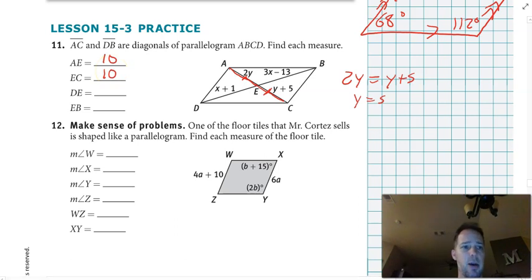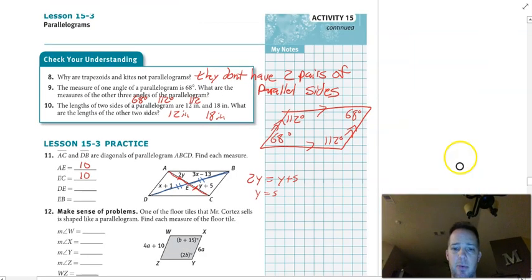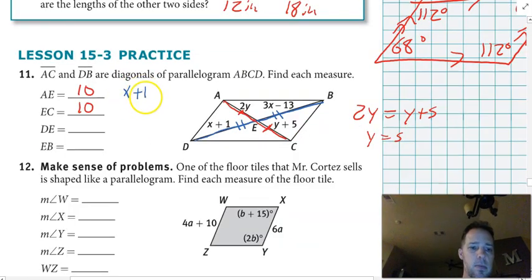And for the other one, we can do the same thing because that diagonal is also bisected. So that blue one got bisected and cut into equal halves. So x plus 1 is going to equal 3x minus 13. So subtract x from both sides, add 13, divide by 2.